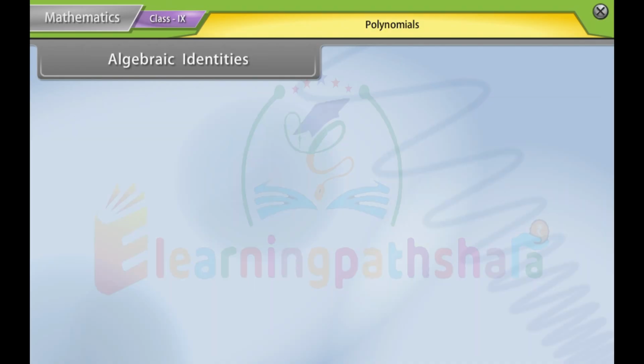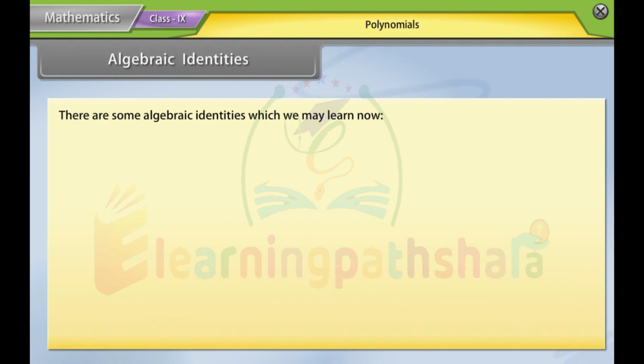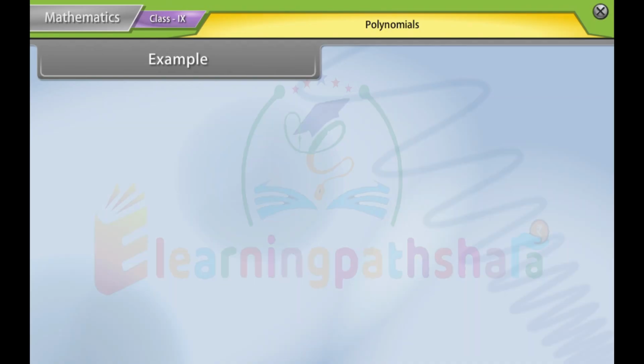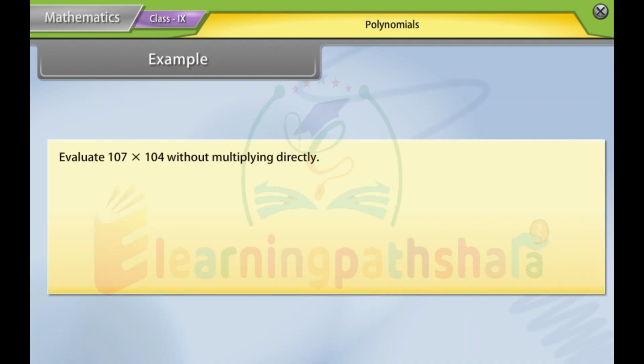Algebraic identities. There are some algebraic identities which we may learn now. Example. Evaluate 107 into 104 without multiplying directly.